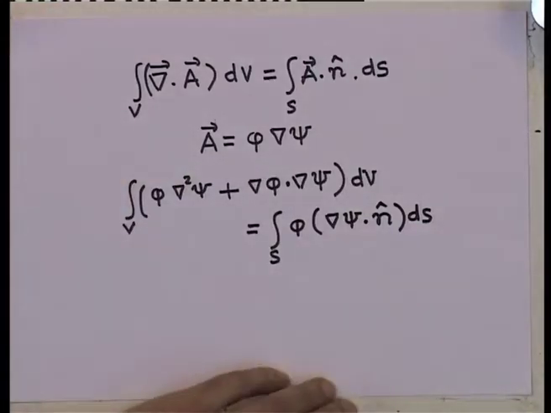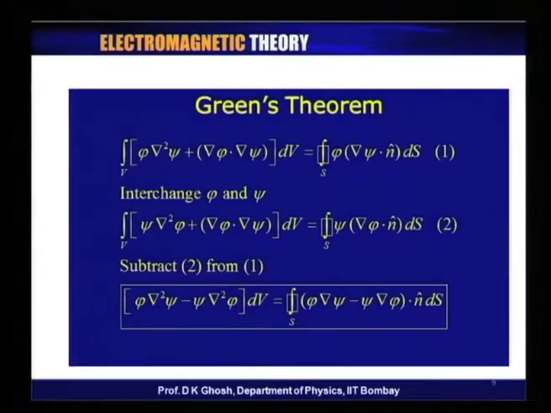This is known as the Green's first identity. So, the integral of phi del square psi plus del phi dot del psi dv is the integral of phi del psi dot n ds.